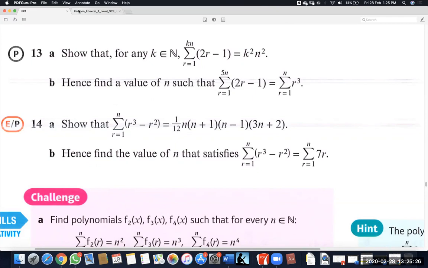I'm getting k squared n squared. I got kn, k squared n squared, brackets kn plus 1. I'm getting the same as the show that, like 3a. If you can show that, that means you are correct. Sir, are these enough steps? I just sent it in the group chat.